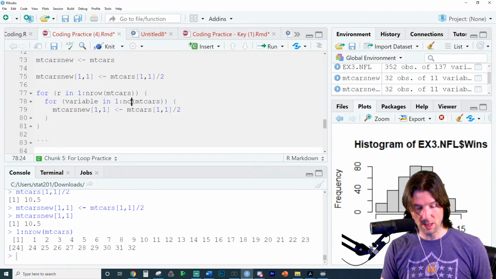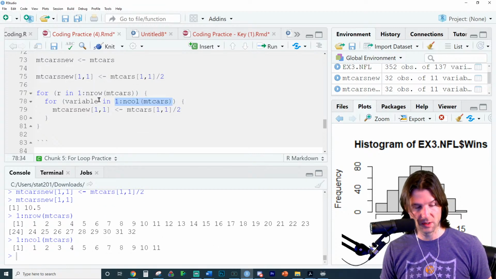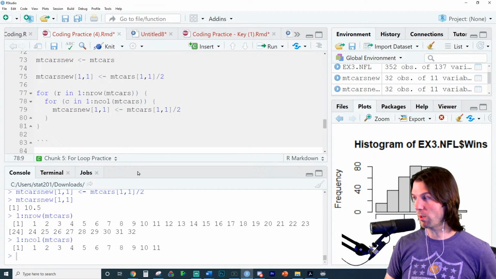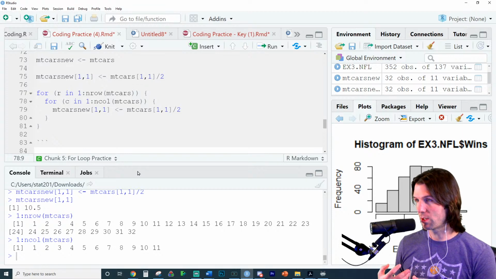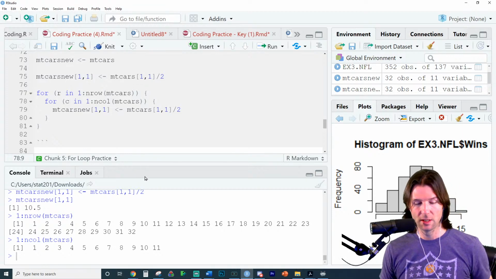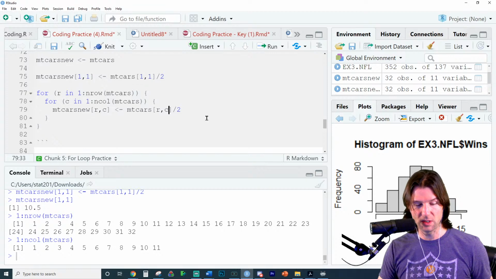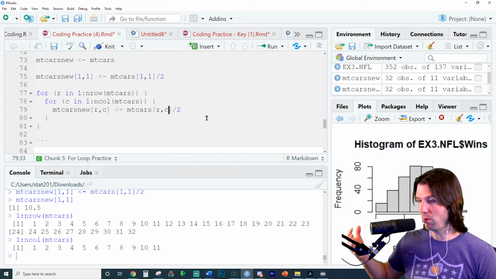We're going to do the same with the columns, so this goes 1 through the number of columns. And then we're going to put here C. Now these are the placeholders, because when I run this loop, R and C will change. So R will become those numbers and C will become those numbers. So we go right here and replace this with R and replace this with C. Replace this with R and replace this with C. Because every time the loop runs, it'll change.